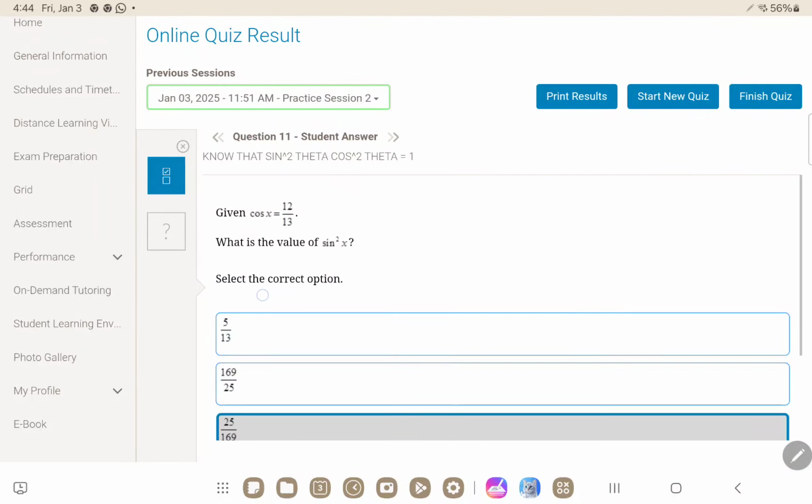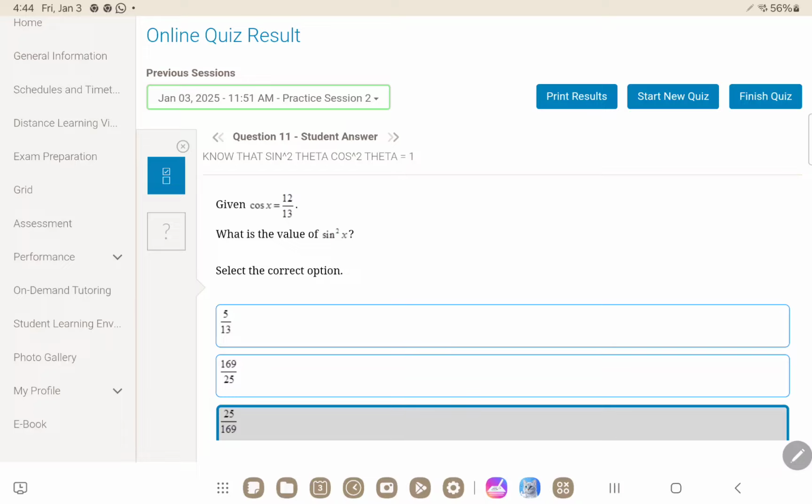Okay, so for this question, they want us to use the trigonometric ratios, which for cosine and sine is cosine squared x plus sine squared x gives you 1. So here they gave us cosine x, but we can't use cosine x, we have to use cosine squared x.